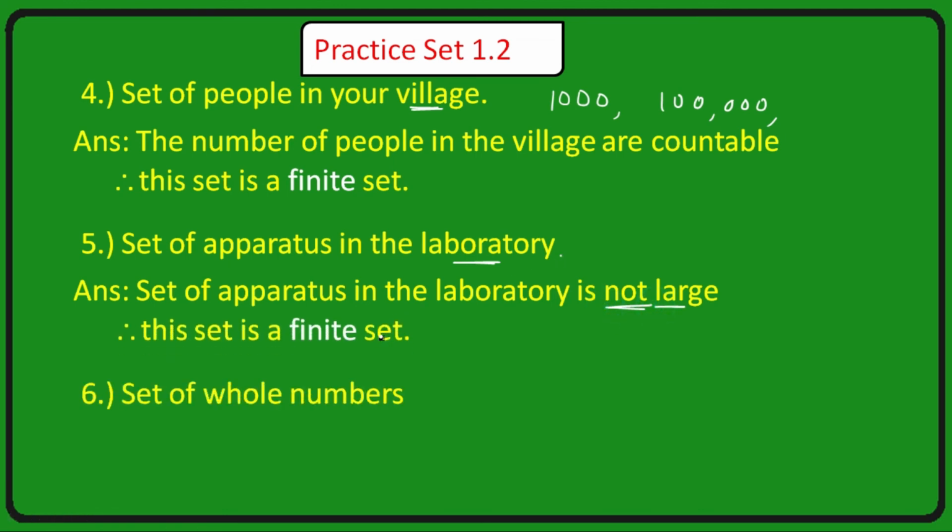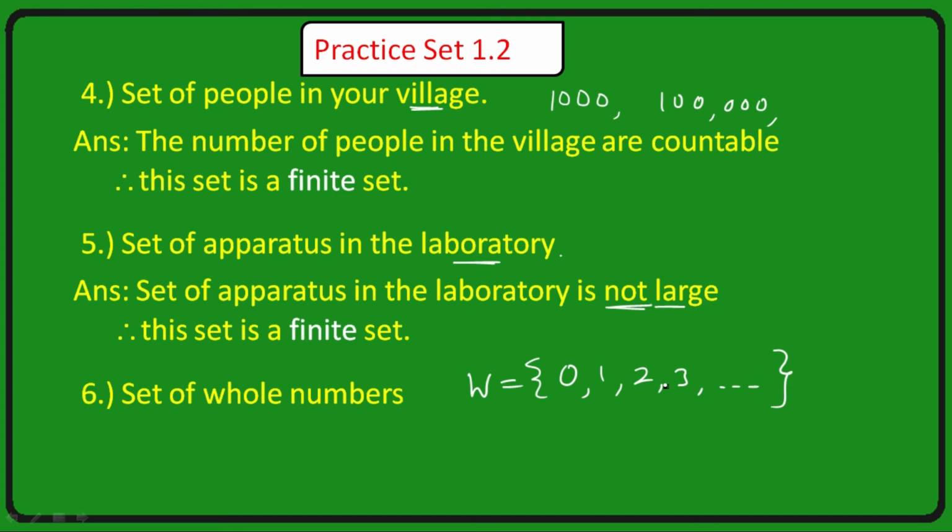Okay, the sixth example is the set of whole numbers. We know that 0 is the first or smallest whole number, then 1, 2, 3 up to infinity. We cannot name the last or largest whole number.